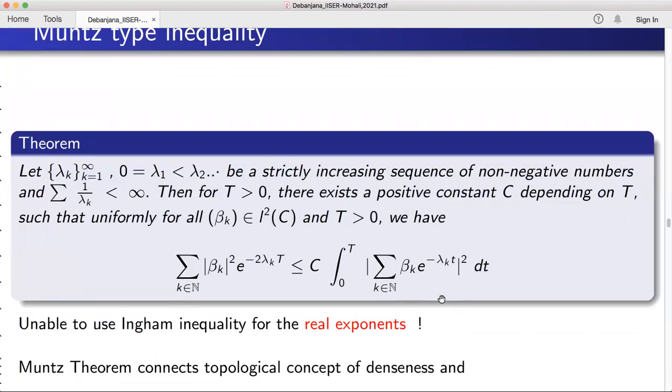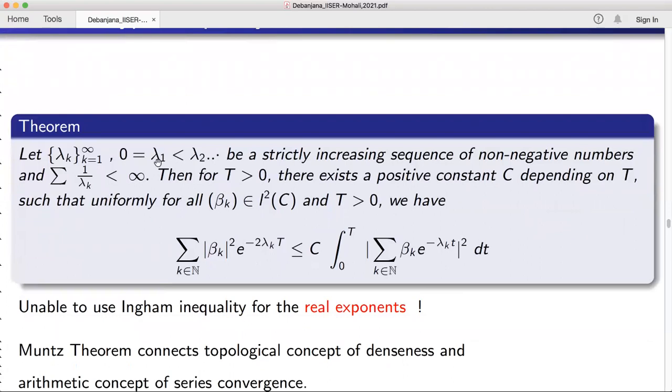It says that these lambda_k's are real, in strictly increasing order, and non-negative, and not only that, the summation of 1 by lambda_k is infinity. In particular, you can consider lambda_k equal to k squared, and then the summation of 1 by k squared is finite.